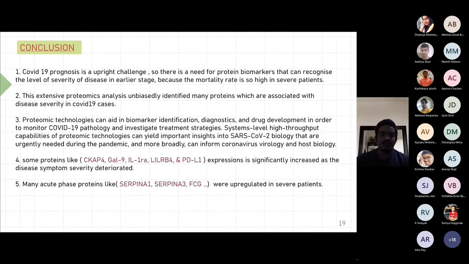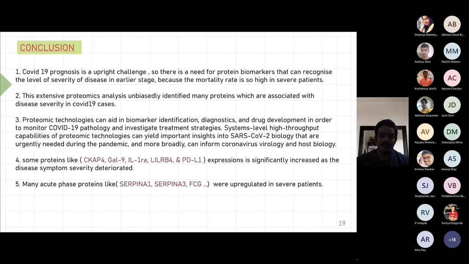Now, conclusion. So, COVID-19 prognosis is an upright challenge. So, there is a need for protein biomarkers that can recognize the level of severity of disease at an earlier stage because the mortality rate is so high in severe patients. This extensive proteomics analysis unbiasedly identified many proteins which are associated with disease severity in COVID-19 cases.